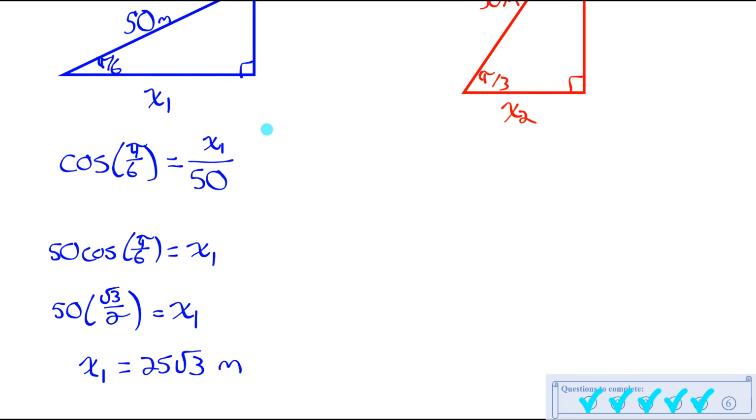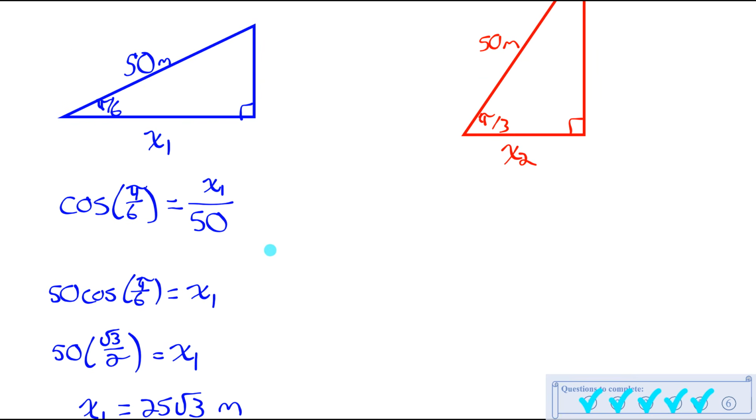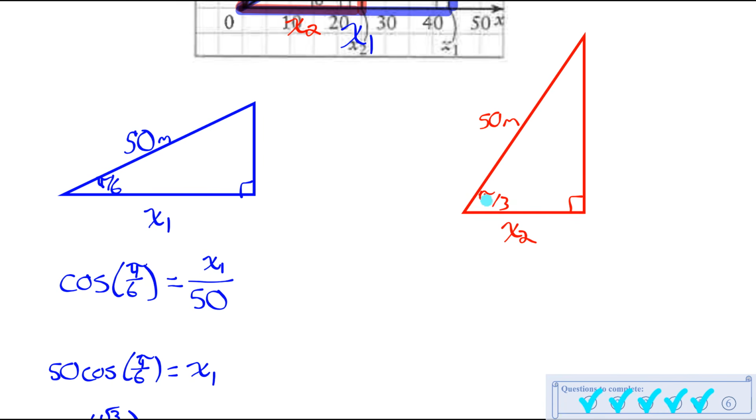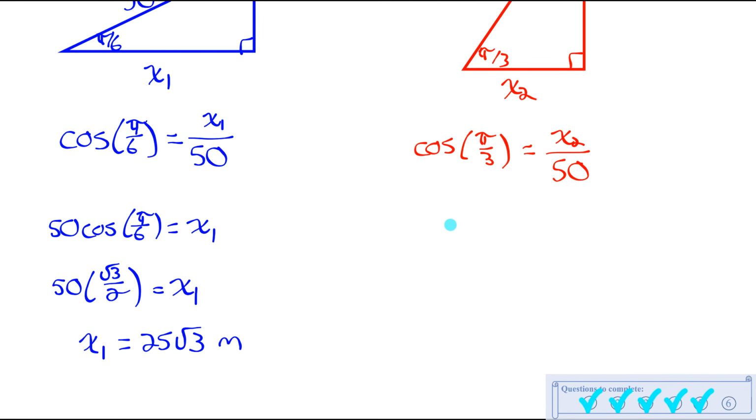Let's do the same thing, but with the red triangle and get an exact expression for x2. Once again, I have my reference angle, adjacent, and hypotenuse, so I'll use cosine again. Cosine of the reference angle pi over 3 equals adjacent, which is x2, divided by hypotenuse, which is 50.